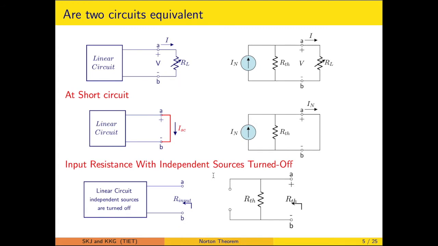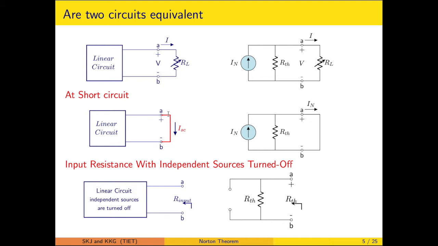First of all, see whether the circuits are equivalent or not, whether they can be represented likewise. This is a linear circuit consisting of a number of components interconnected. Just to test its validity, we will see the behavior during the short circuit and the behavior when the independent sources are turned off.